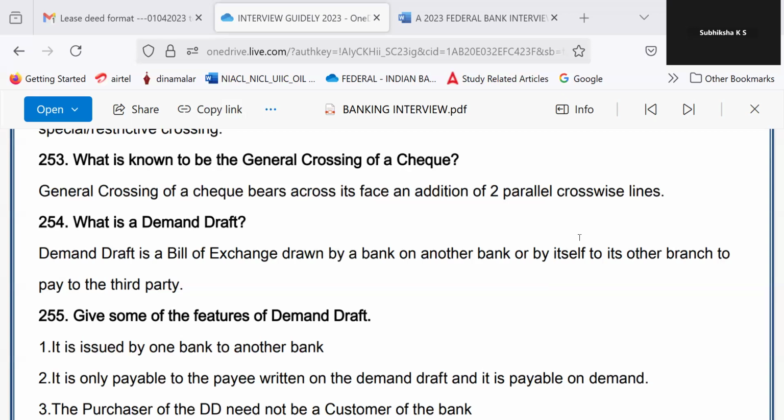Thereafter, you will remit the money to the bank. Up to 50,000 rupees you can remit as cash. Beyond that, it has to be routed through your account only, by your giving a check, not only for the amount of the demand draft, but you have to pay the commission for that also. Each bank has got its own rate of commission.